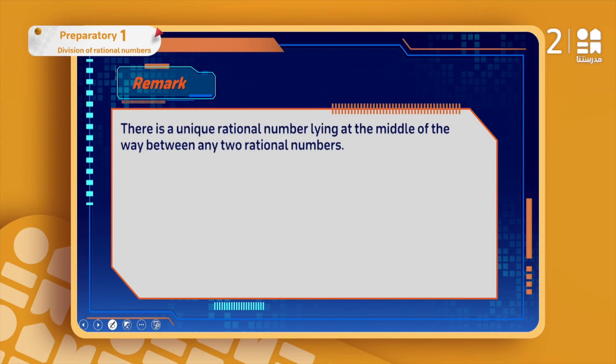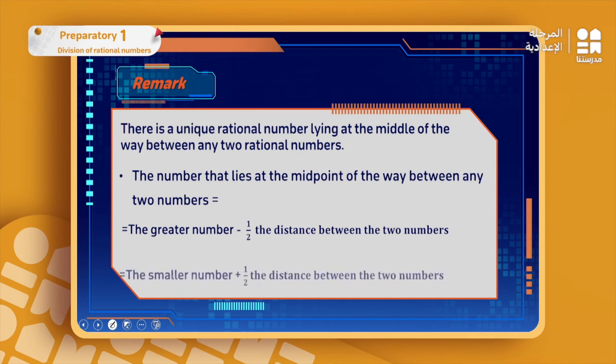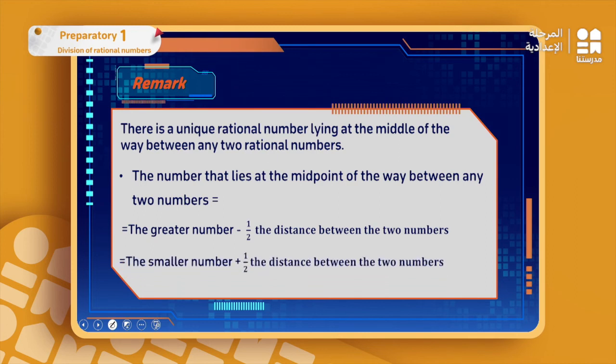Remark. There is a unique rational number lying at the middle of the way between any two rational numbers. The number that lies at the midpoint between any two numbers is equal to the greater number minus half the distance between the two numbers, or the smaller number plus half the distance between the two numbers.